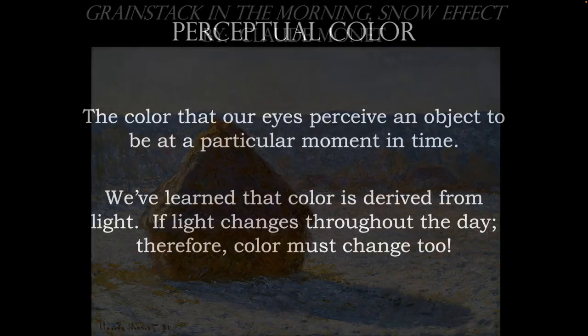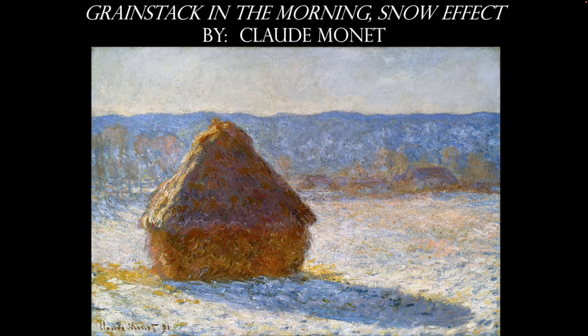of light. So the people who thought of perceptual color are the Impressionists. They are the very first modernist art movement, led by Claude Monet. And he took his easel outside of the studio, planted it right in front of this grain stack, and he painted not necessarily the grain stack, but you have to think about him painting light's effect on it. And you can't do it just once.